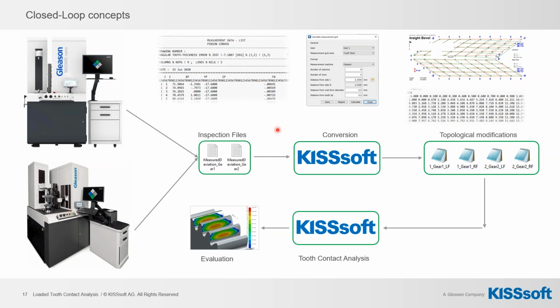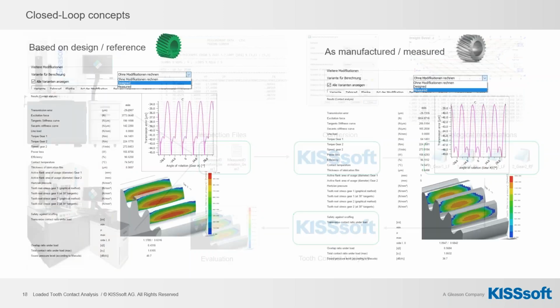Now, these machines provide inspection files after gear inspection, and these inspection files can then be converted into a topological modification, which then is subtracted from the nominal tooth form in KISSsoft. So we add these deviations on top of our tooth form, then run the loaded tooth contact analysis, and then simulate something that is closer to a real digital twin, so to a gear that has really been produced.